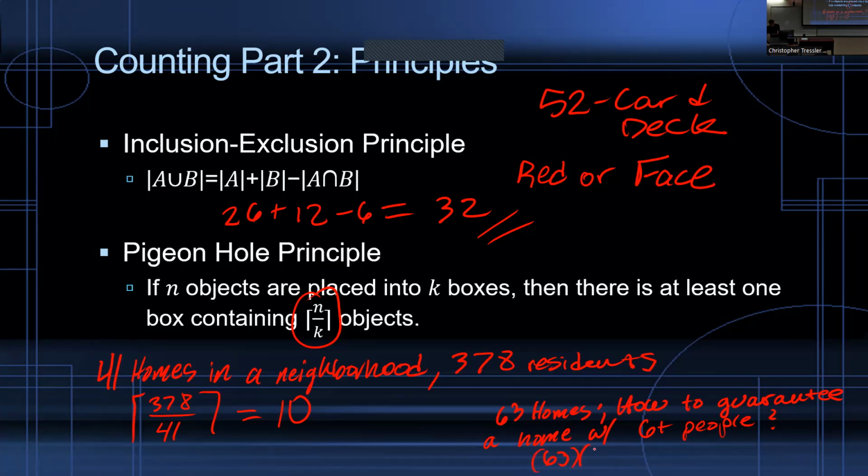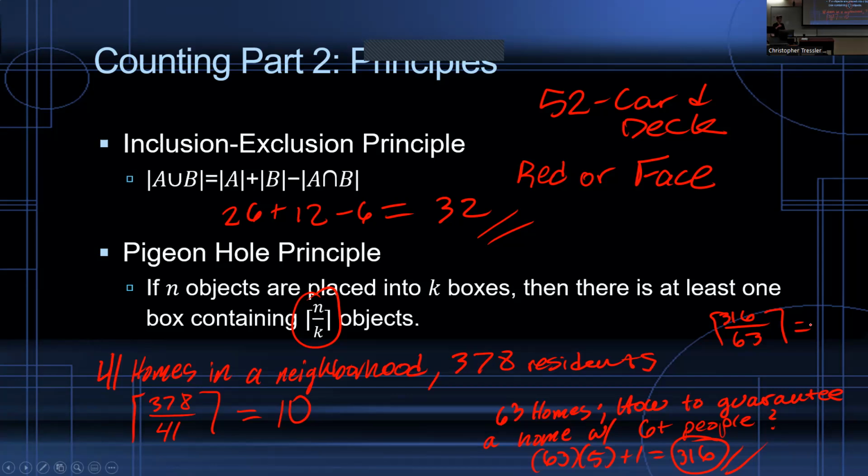Now, let me show you what happens when I do this. When we do this, we get 316, and that is our final answer, actually. Notice when I go back to this formula and I put in 316 over our K, which is 63 homes, and I do the floor, I get 5.01.